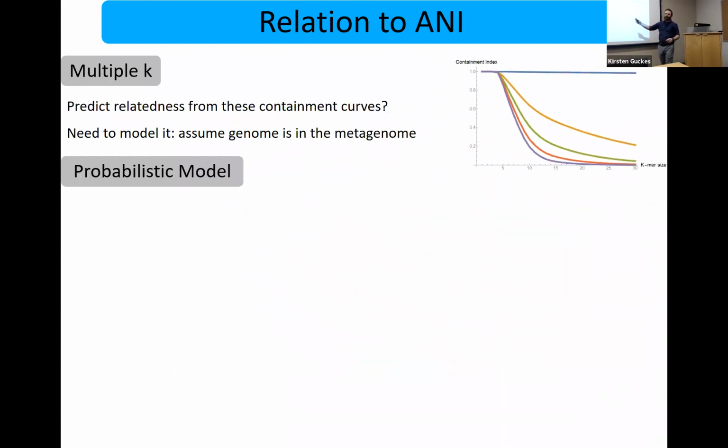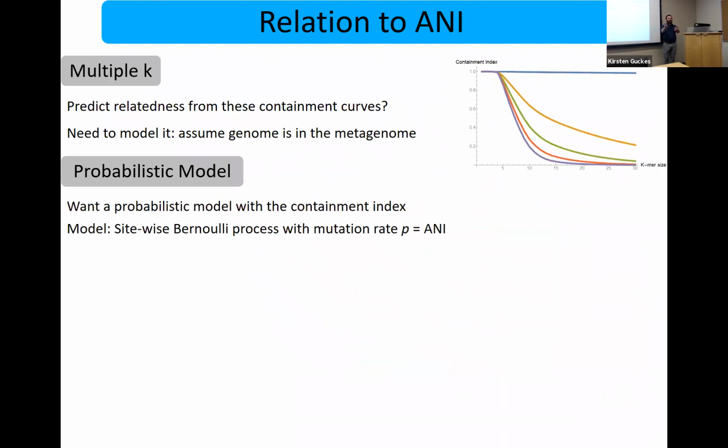I'm going to use a probabilistic model, a very simple model of evolution, just a site-wise Bernoulli process. So I'm going to take my genome, look at each nucleotide independently, take a biased coin, and flip it. If it's heads, I leave it alone. If it's tails, then I change it to something else. How much my coin is biased is that mutation rate p, which is exactly the average nucleotide identity under this particular model.